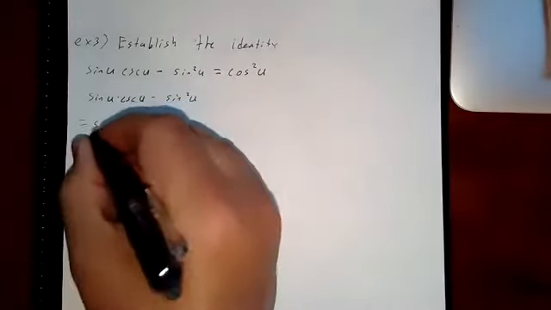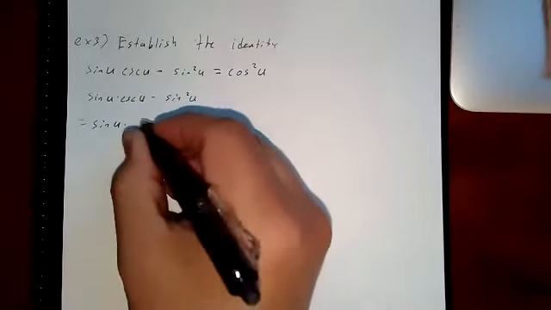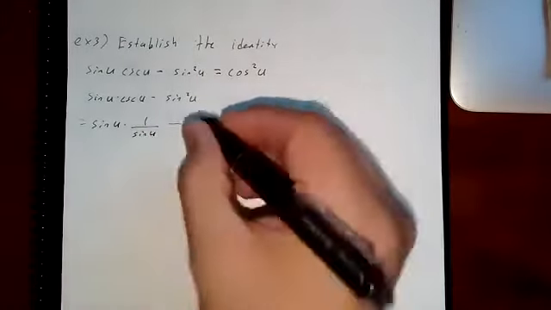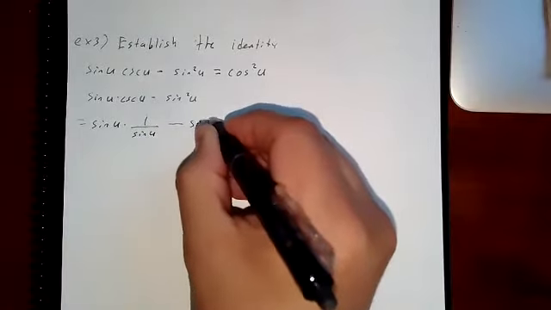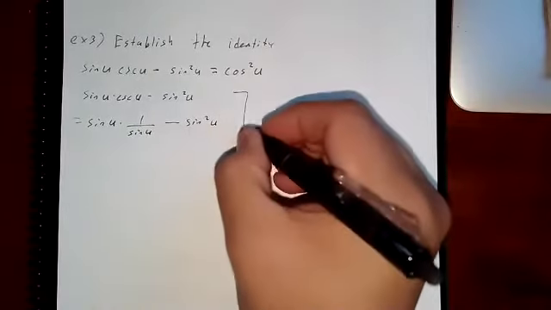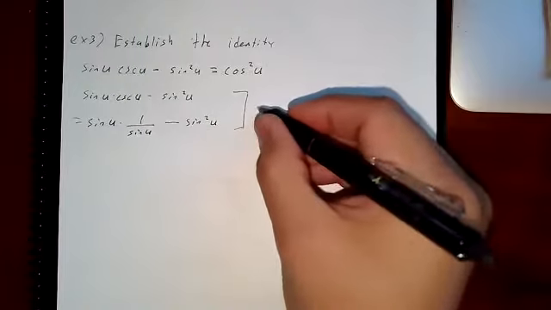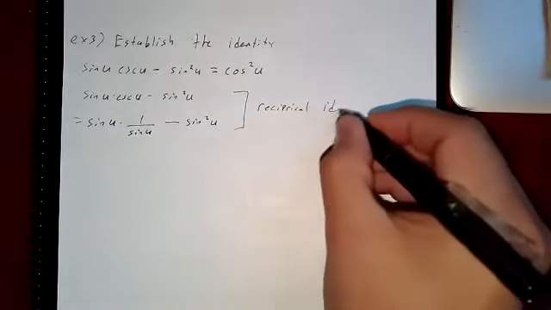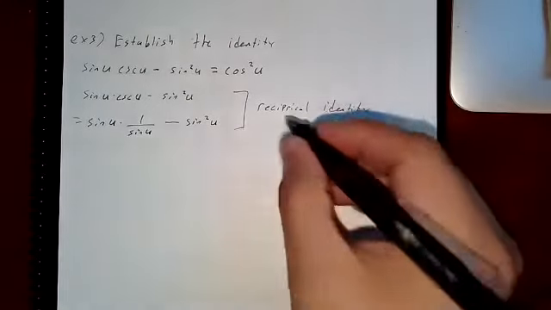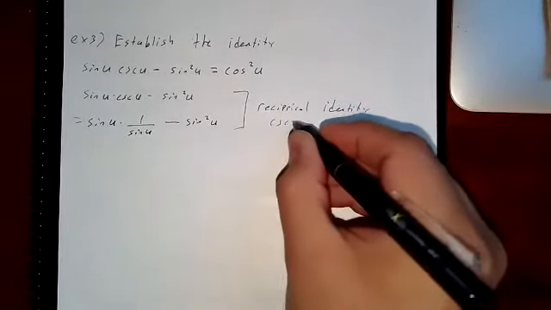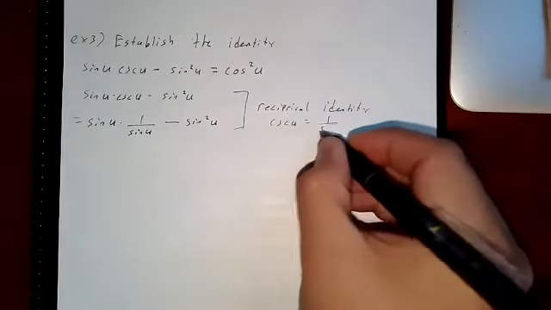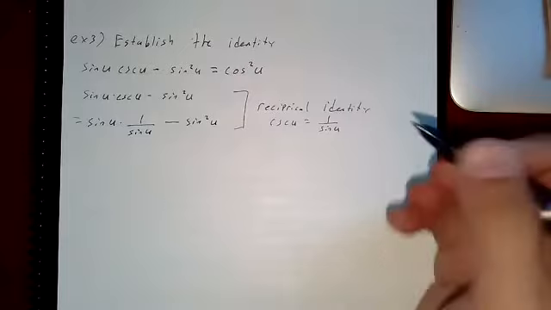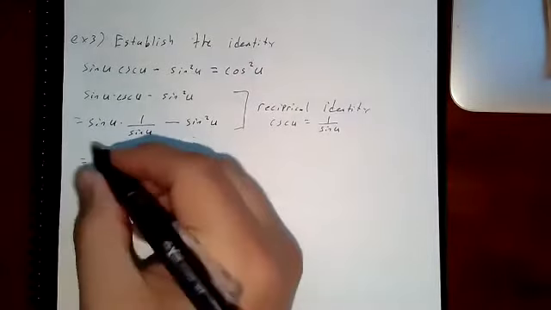So that will be sine u times 1 over sine, minus sine squared u. From here to here, we use the reciprocal identity. Cosecant u equals 1 over sine.